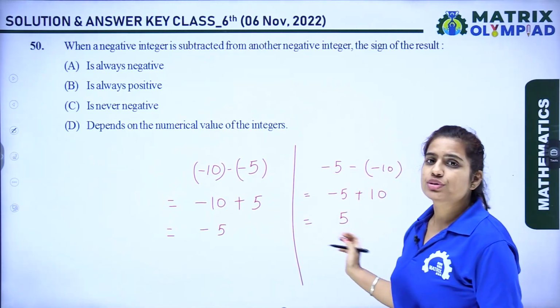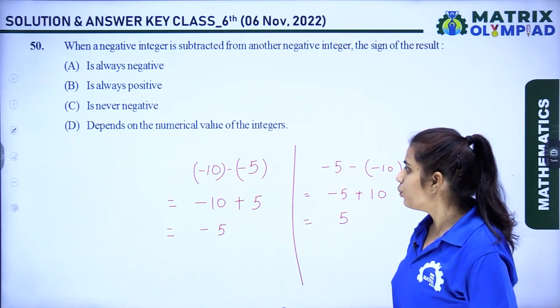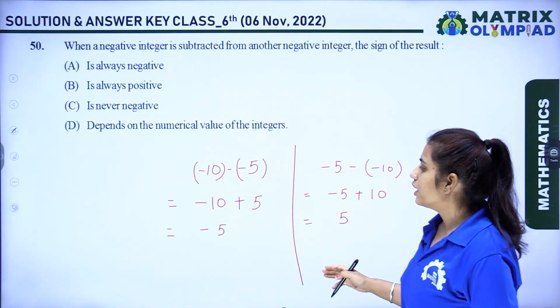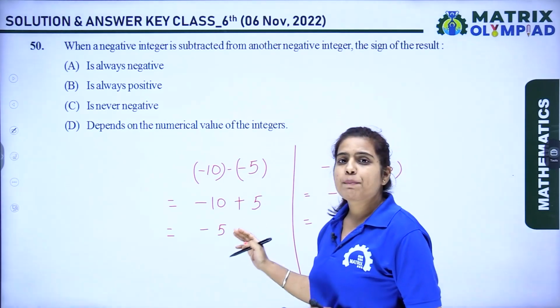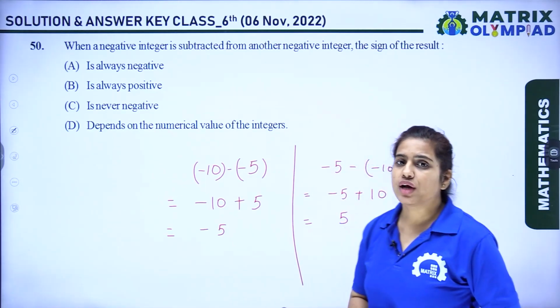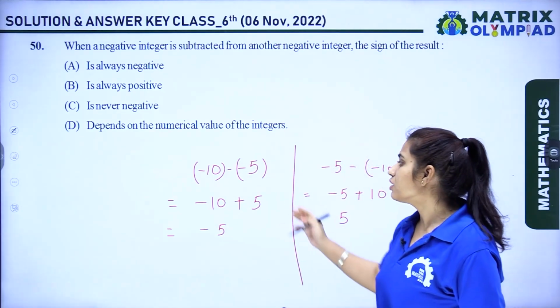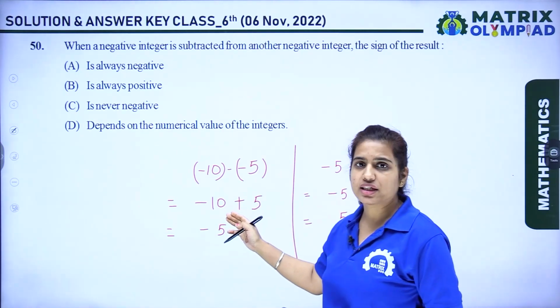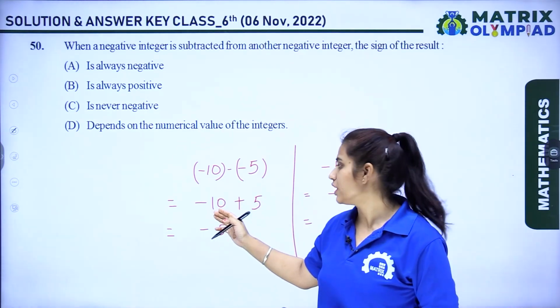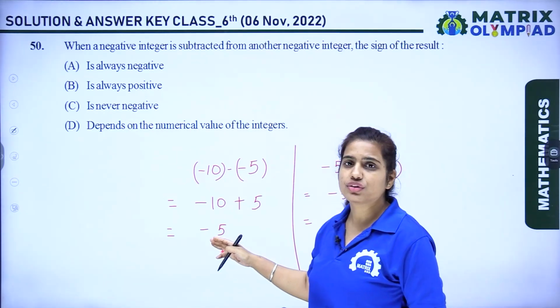So we can observe from the given two examples that the sign is dependent on the numerical value in the question. If the number is greater with a negative sign, the answer is also negative.